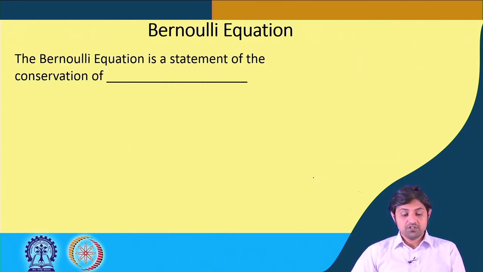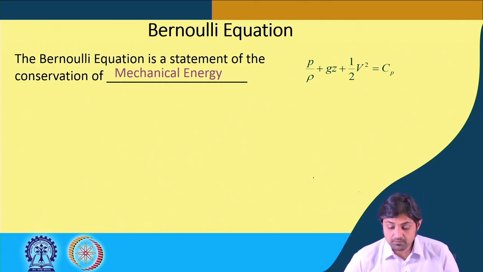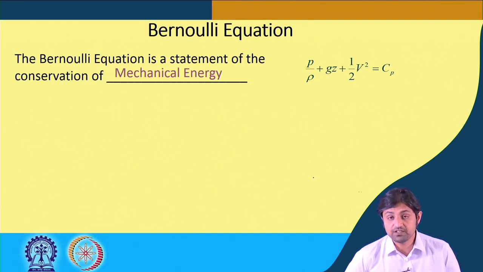Now Bernoulli's equation is a statement of conservation of mechanical energy. So you see P by rho plus g z plus half V square.